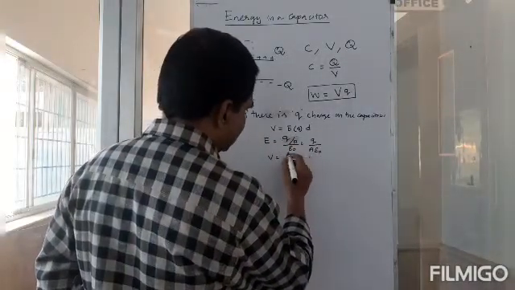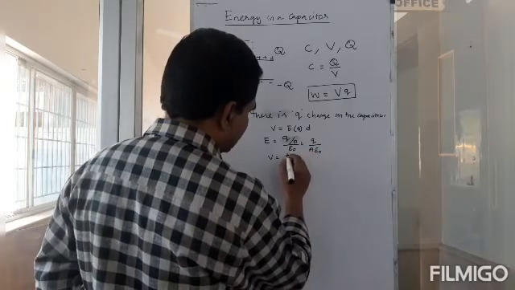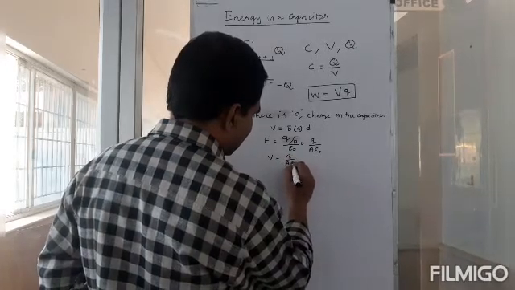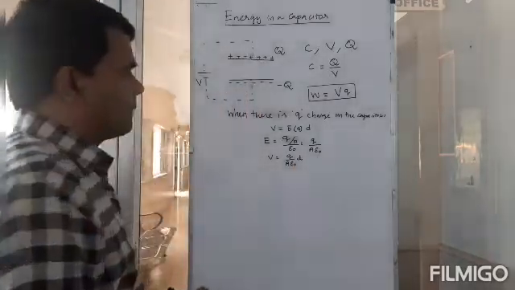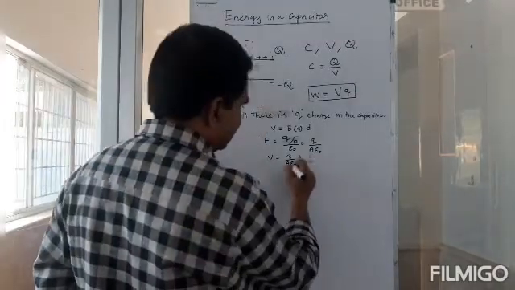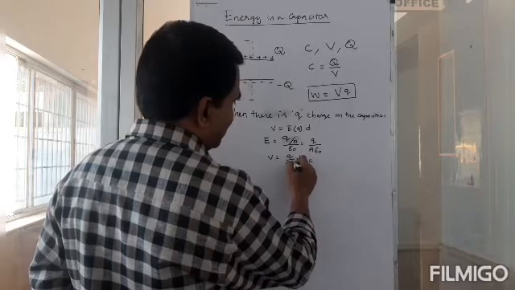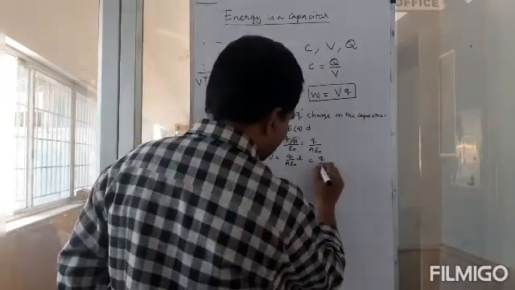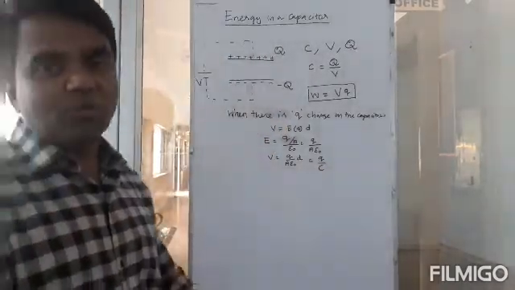V is equal to q by A epsilon naught into d. Okay, so this you already know. This is also equal to, see, epsilon naught A by d is C. So this is equal to q by the capacitance. This we know already.